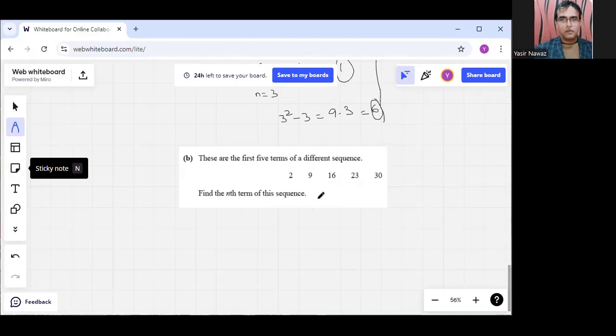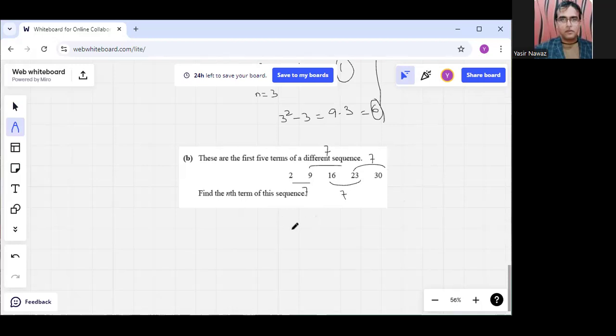Arithmetic sequences are those in which the difference is the same. 9 minus 2 is 7. 16 minus 9 is 7. 23 minus 16 is 7. 30 minus 23 is 7. So the difference of two consecutive terms is the same in the whole sequence.